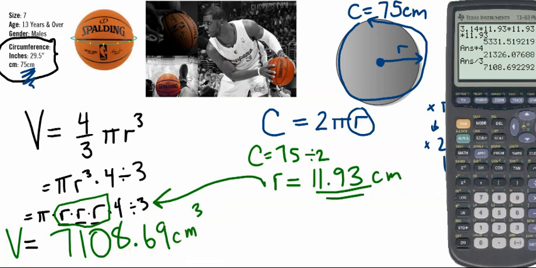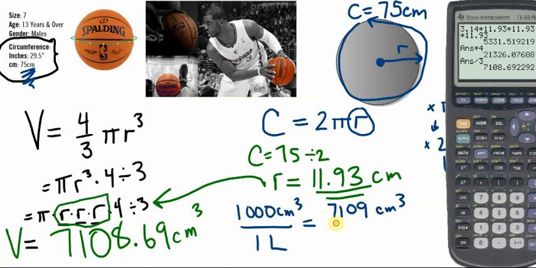Now, in the capacity part, very simply, remember that 1,000 centimeters cubed is 1 liter. We got 7,108. Let's just round that to 9, just for the interest's sake, centimeters cubed. We want to know how many liters this thing is.